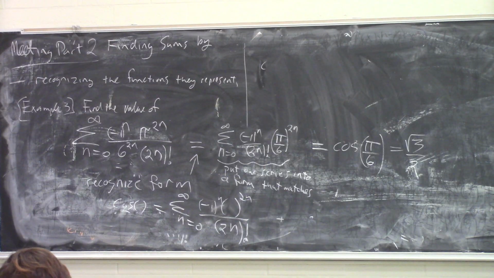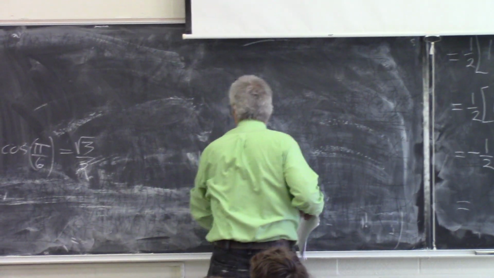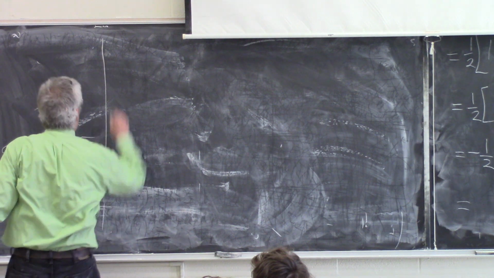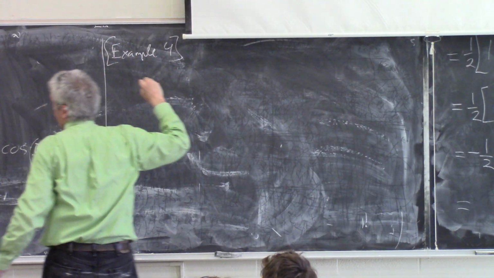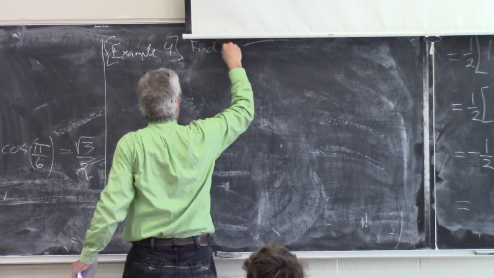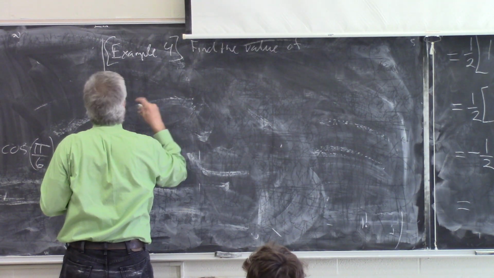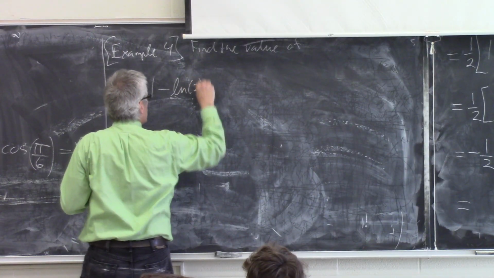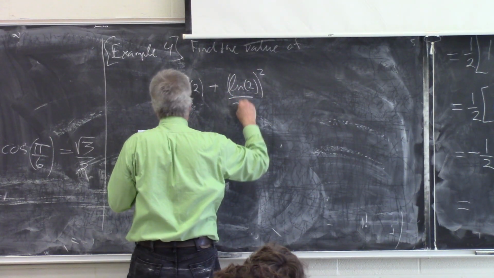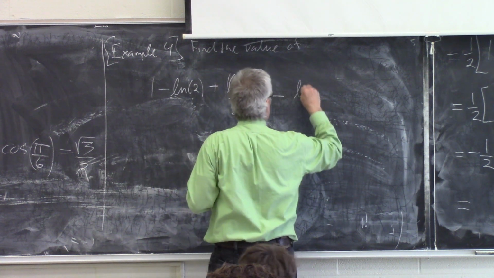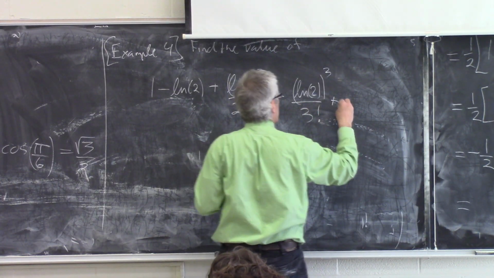Example 4. Find the value of this. 1 minus ln of 2 plus (ln 2)^2 over 2 factorial minus (ln 2)^3 over 3 factorial plus so forth.